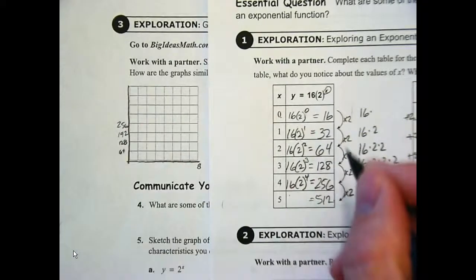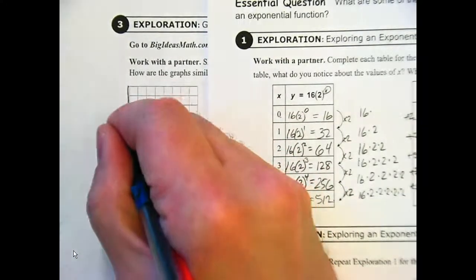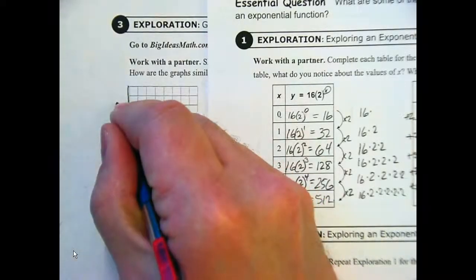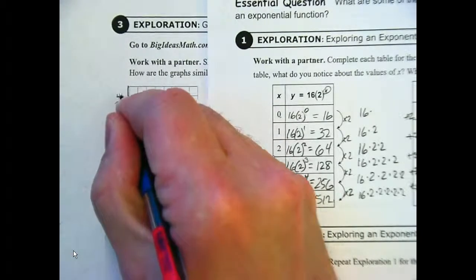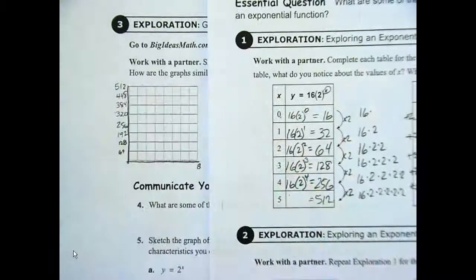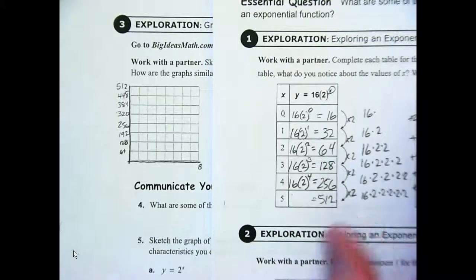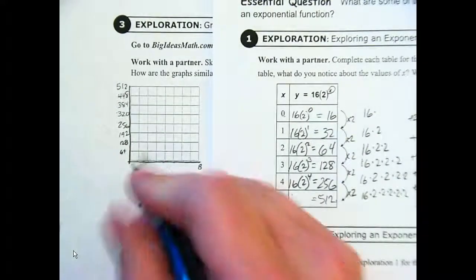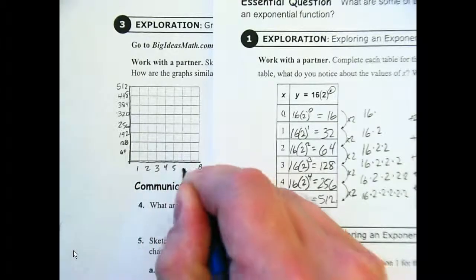So it looks like we're getting closer. 320, 384, and 512. That's a good one to go up on. So you have to go up by a constant amount. It doesn't have to be the same on each axis. Here we're going up by 1s, but it has to be constant.